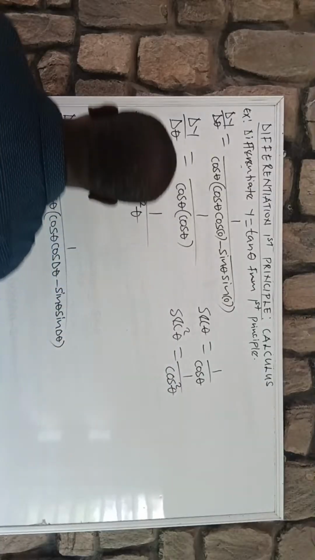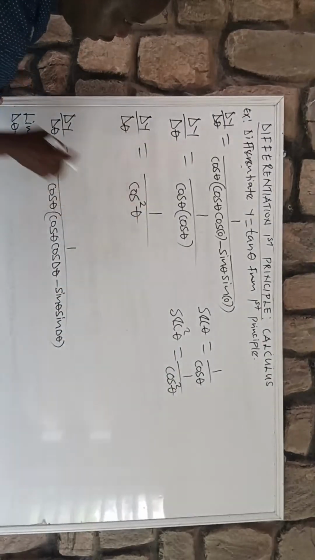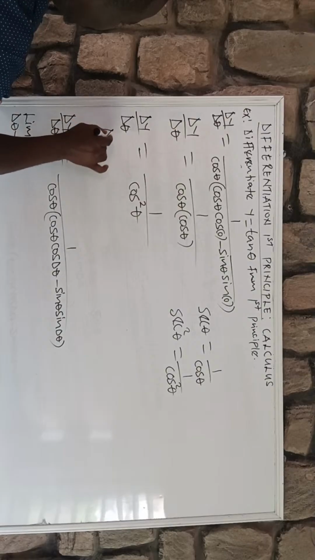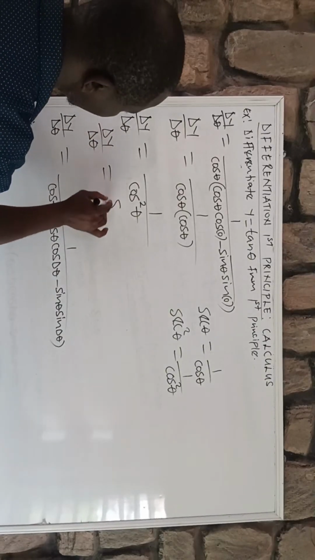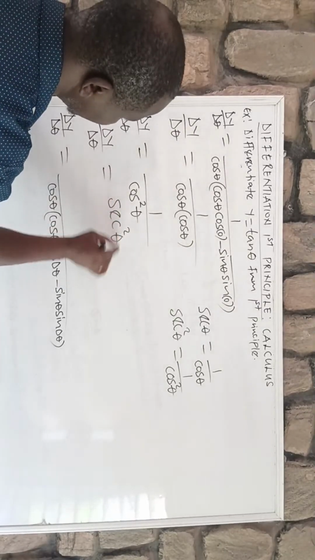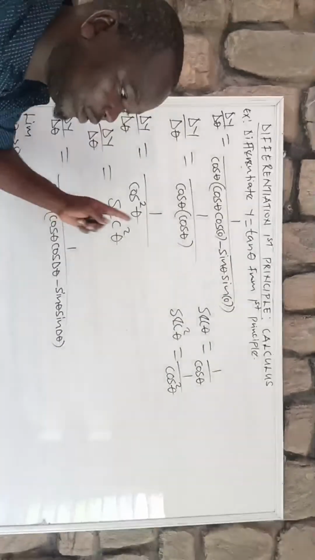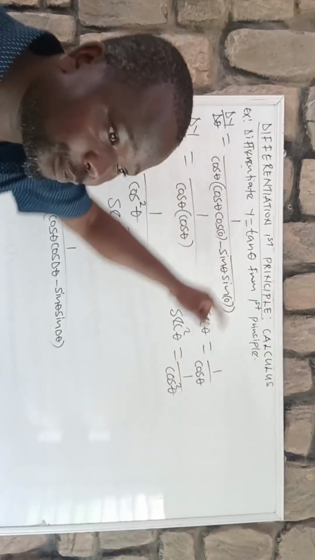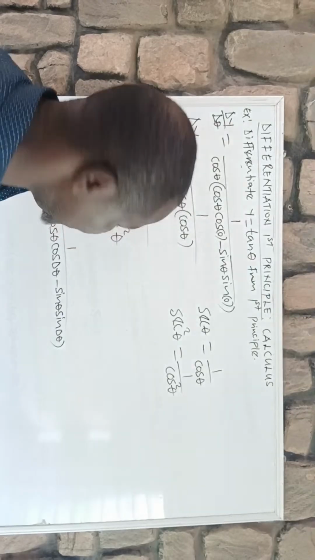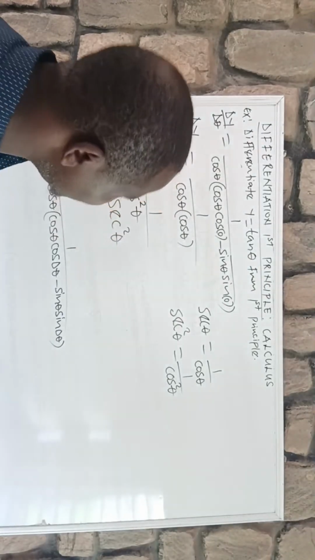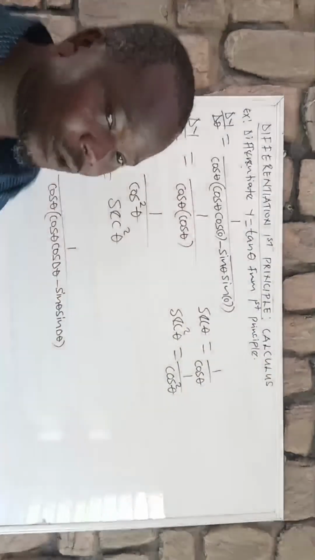So therefore, as a final answer, dy all over the theta is equal to sec square theta. So whenever you differentiate tan theta, generally you are supposed to have sec square theta, and this is how to differentiate tan theta from first principle.